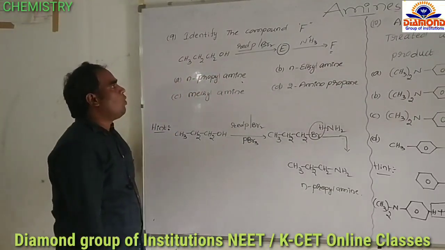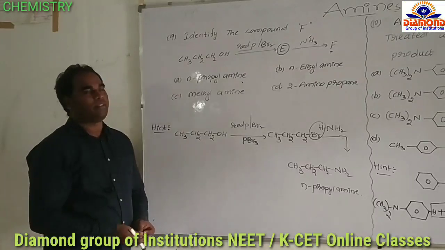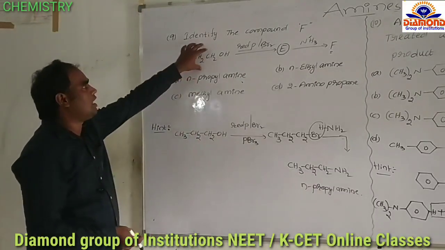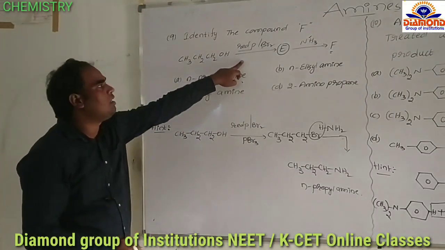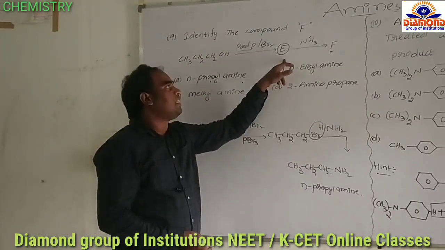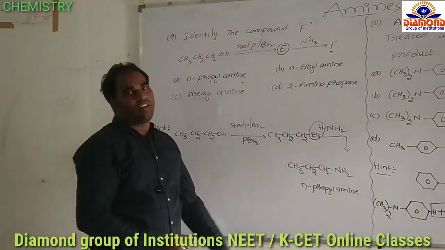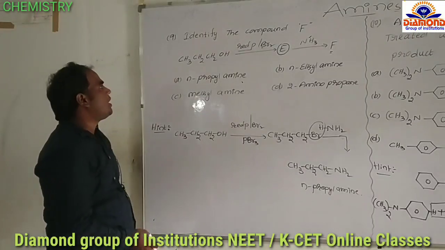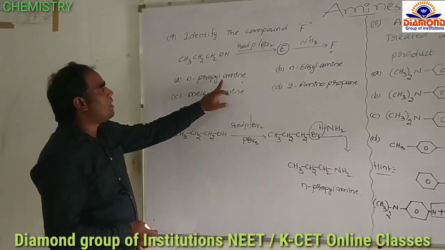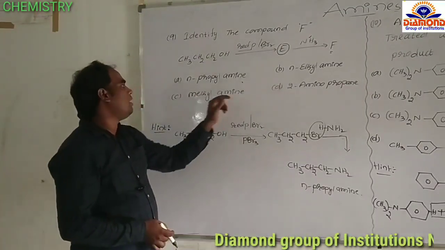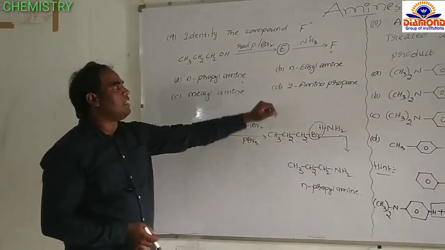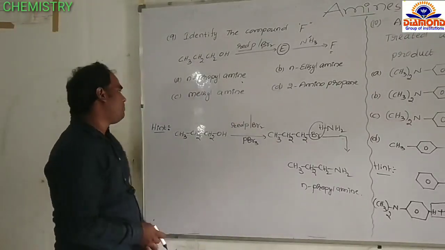So here, what is F? That is the question, student. Option A N-propylamine, B N-ethylamine, C methylamine, D 2-aminopropane.